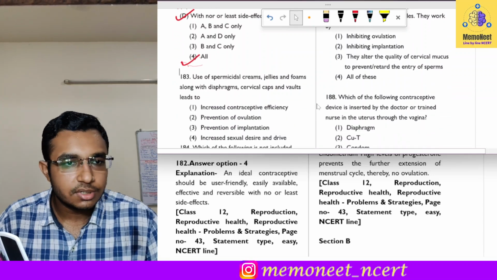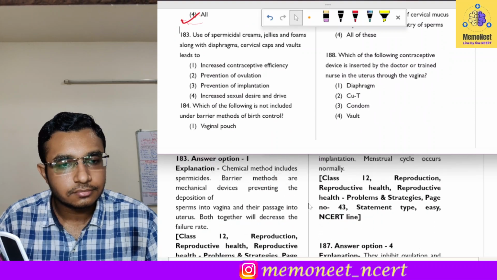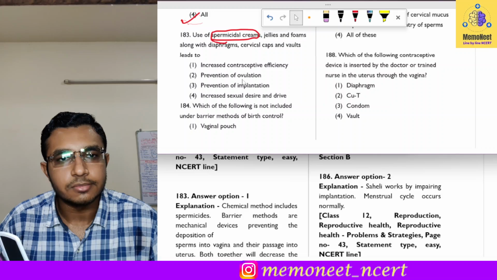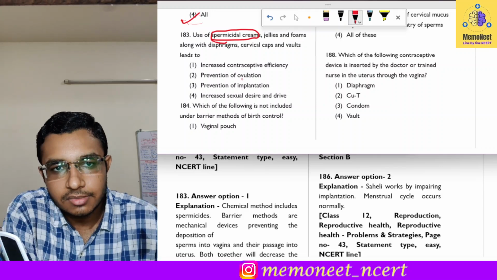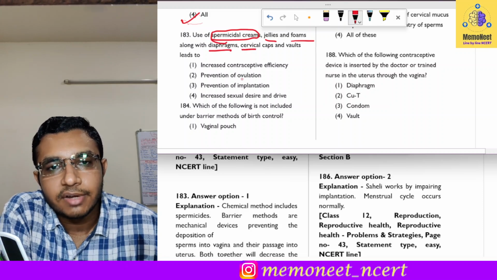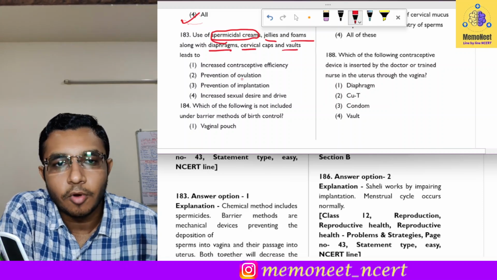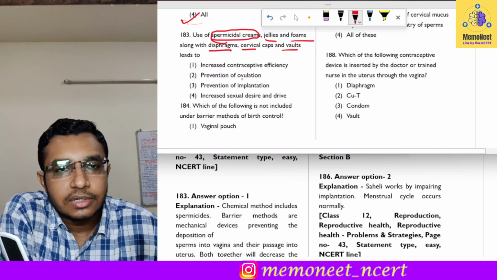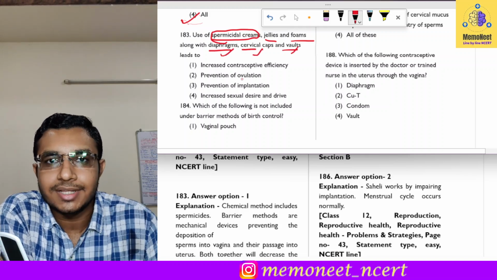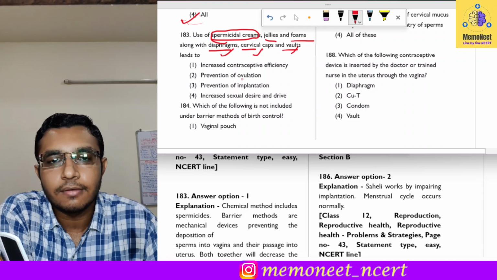Now the next question is question number 183. It states that the use of spermicidal creams or jellies and foams along with the diaphragms, cervical caps and vaults leads to what? Now see, the diaphragms, cervical caps and vaults are barrier methods of contraception and they provide a great level of efficacy.